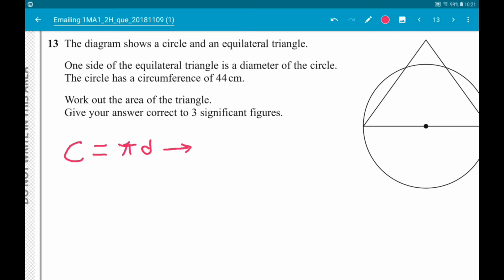So that tells us then the diameter is 44 divided by pi. Now that gives us 14.00, so we're just going to call that 14.